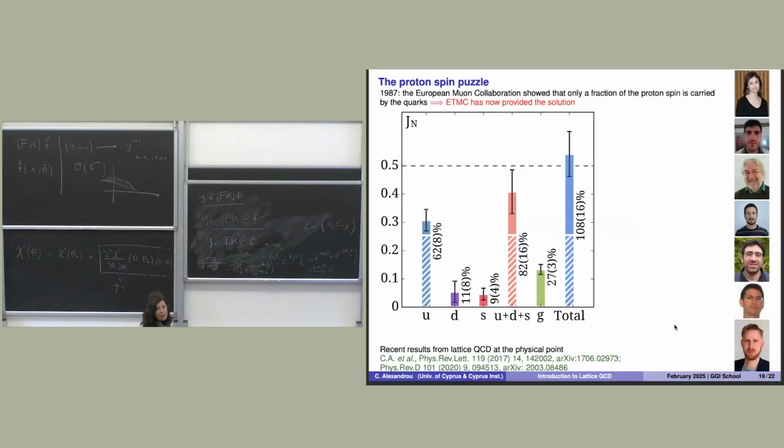And this is my favorite picture. This is a decomposition now of how much of the spin is carried by whom in the proton. Okay, so here is the U quark, then the S, the C. These lines here are the connected, and this is the disconnected.